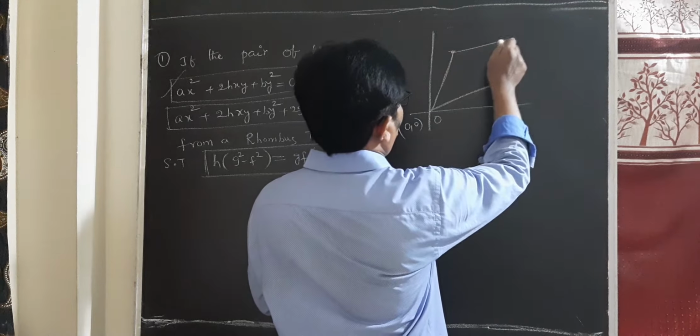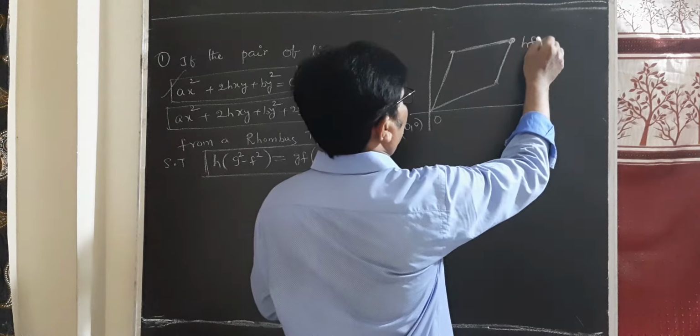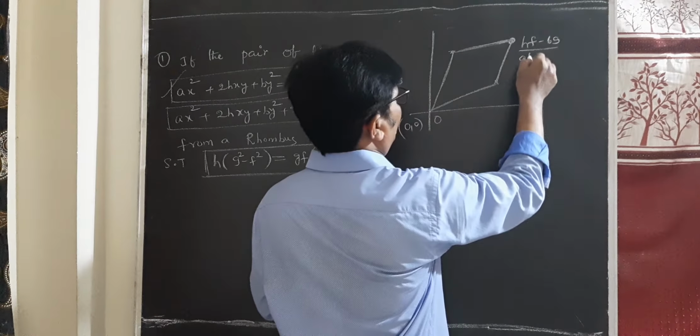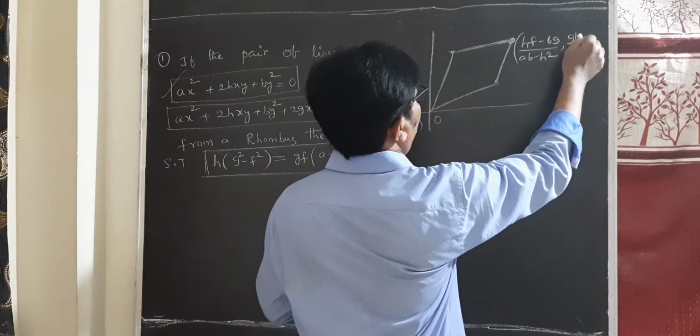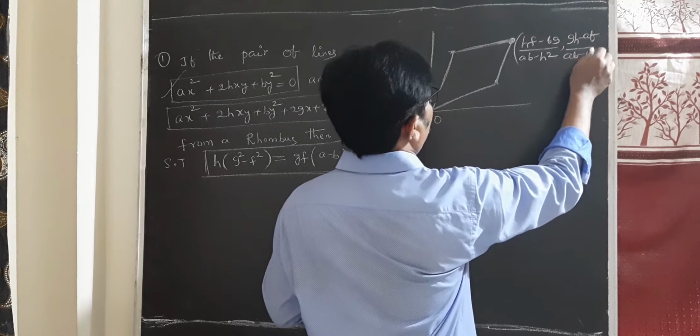Therefore students, we have to know the point of intersection here. What is the form? (hf minus bc) by (ab minus h square), (gh minus af) by (ab minus h square).